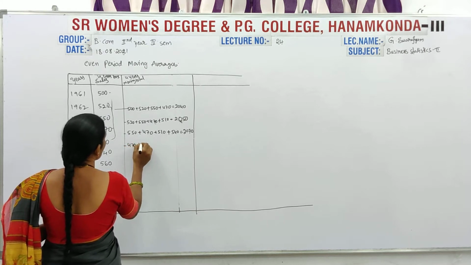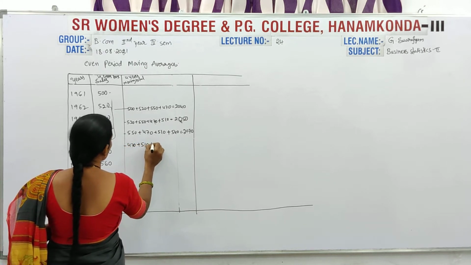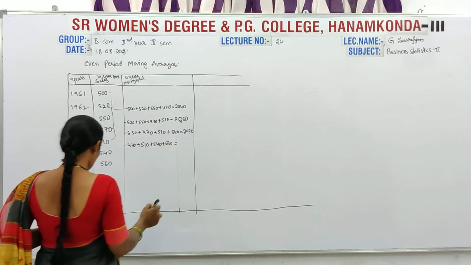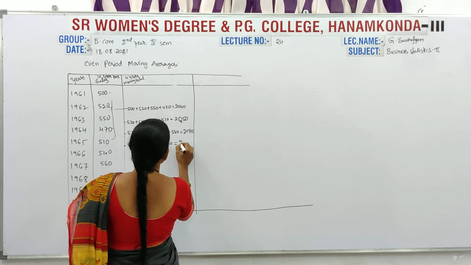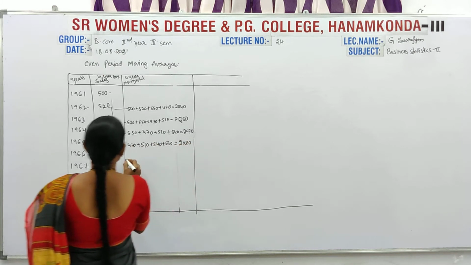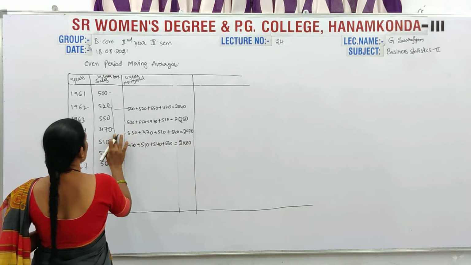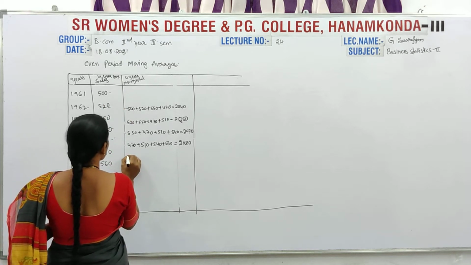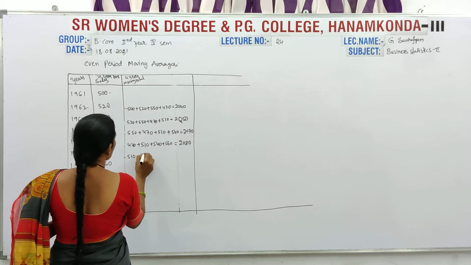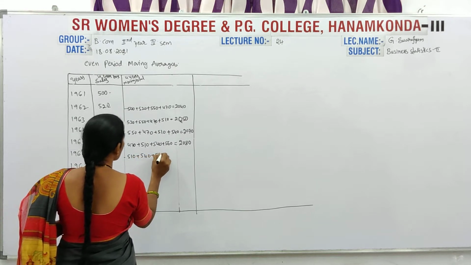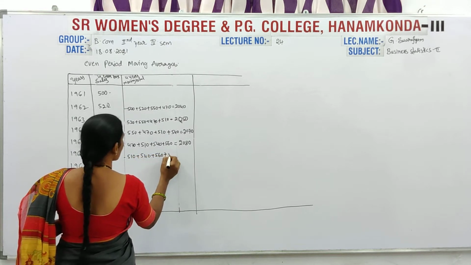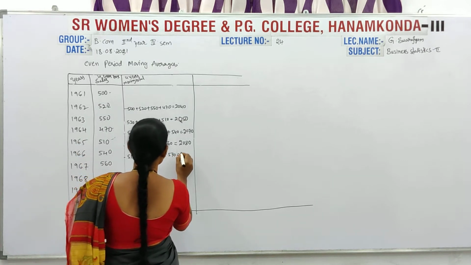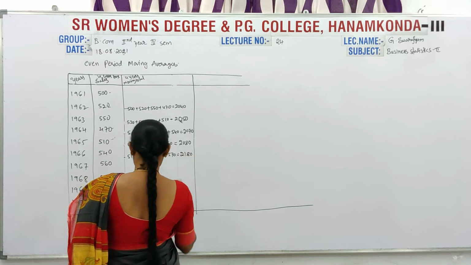Next, 470 plus 510 plus 540 plus 560, the total is 2080. Next, 510 plus 540 plus 560 plus 570, so the amount is 2180.